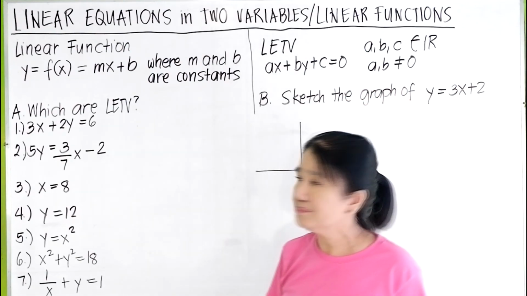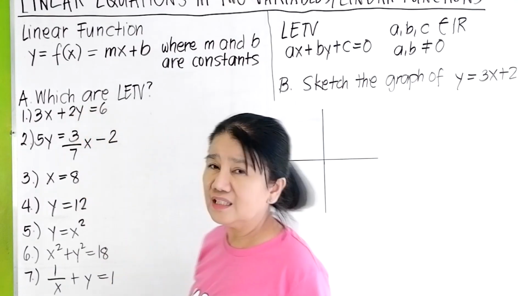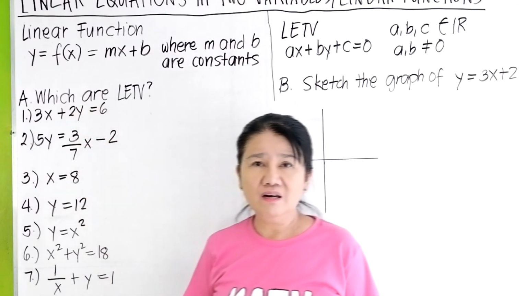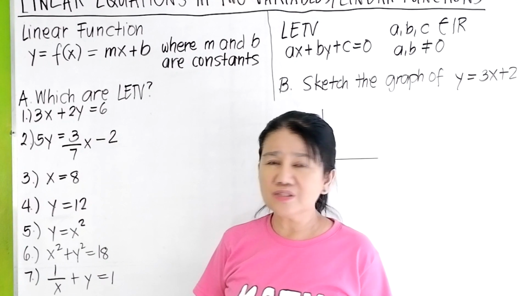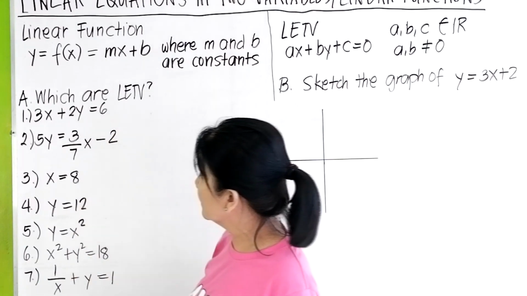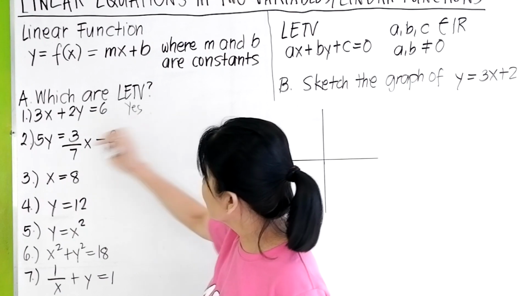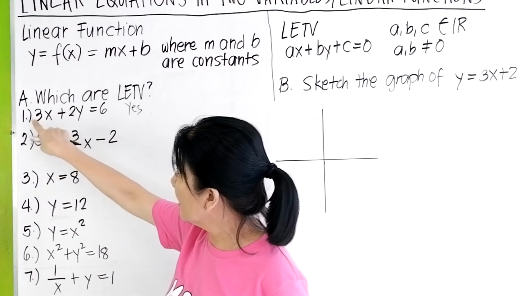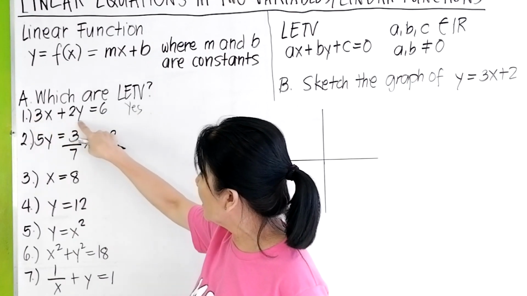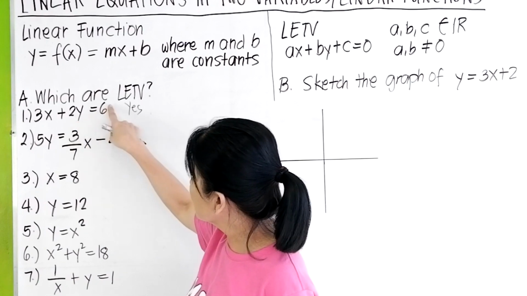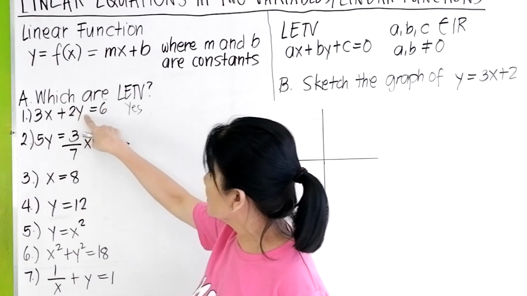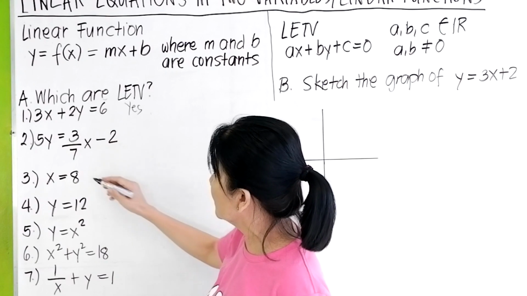Now let's proceed. Which are LETV? Which are linear equations in two variables? Number one, is it? Yes. As you can see, you can write it in the form ax plus by plus c. Transpose this, it becomes plus c equals 0. So the answer is yes.